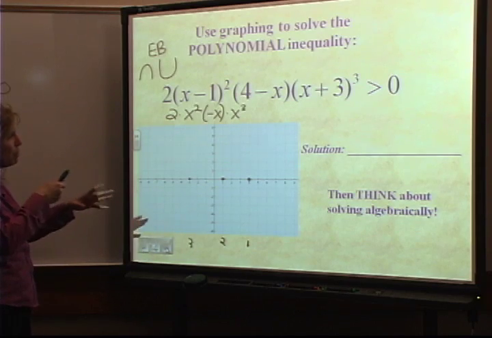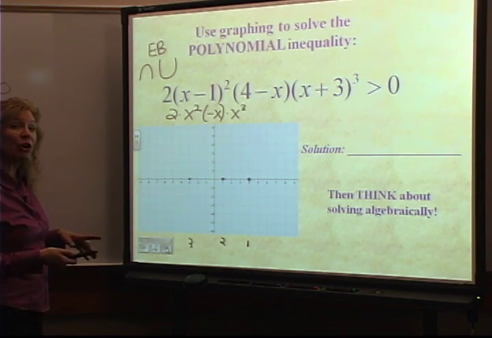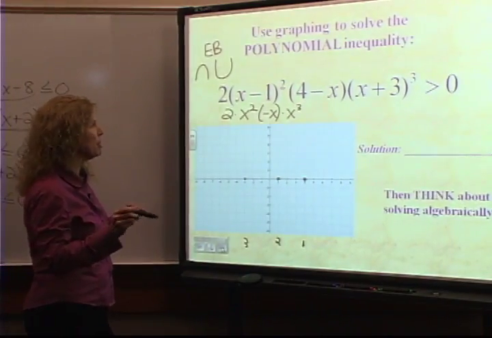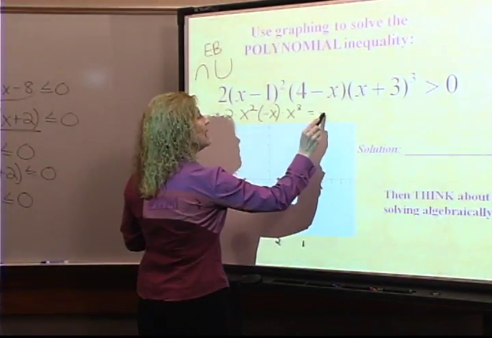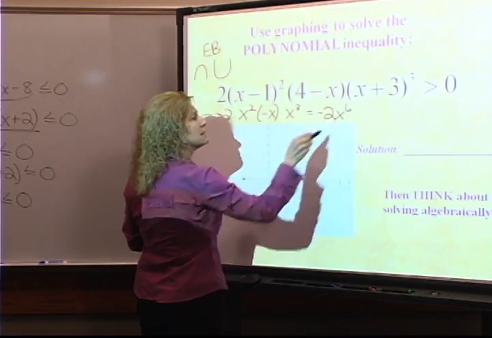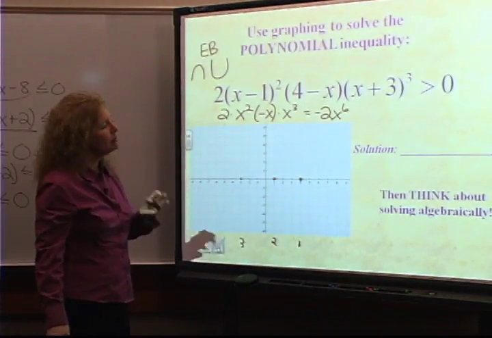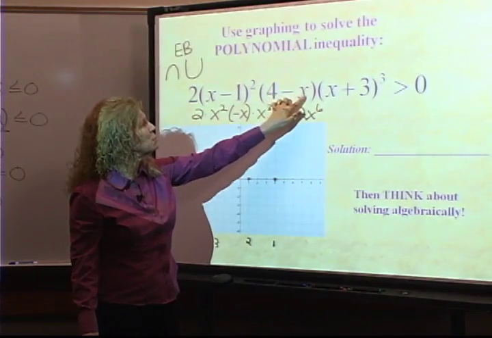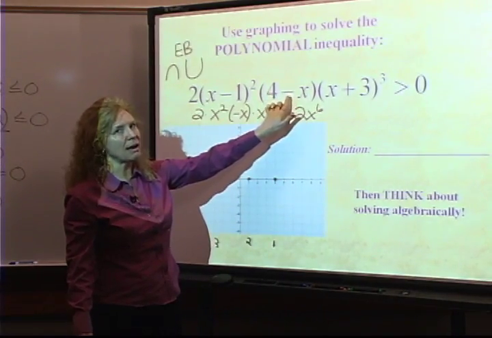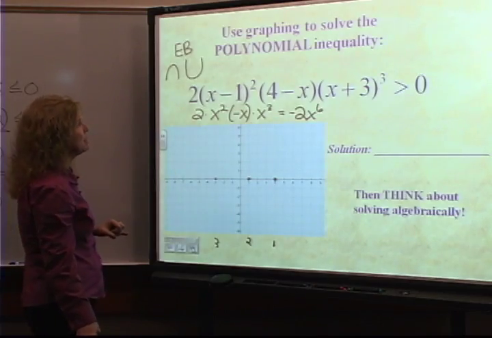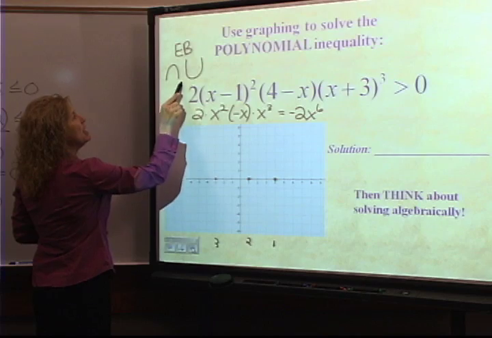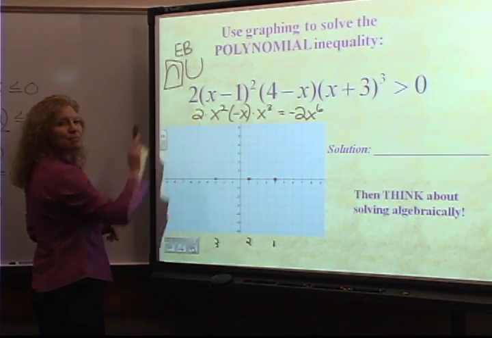So if you actually multiply those all together, your highest degree term would be negative 2x to the 6th. Now I know that was a little bit tough on you, but it was because this was coming behind the minus sign. We didn't really do that much in the previous lesson. Because that coefficient is negative, it means here is my end behavior.